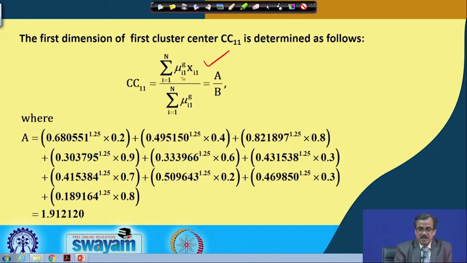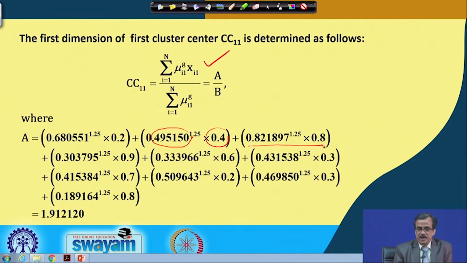The next is i equals 2, that means mu 21 raised to the power g, the membership value of the second data point with respect to the first cluster center, multiplied by x21. It means the second data point, first dimension, and that is 0.4.